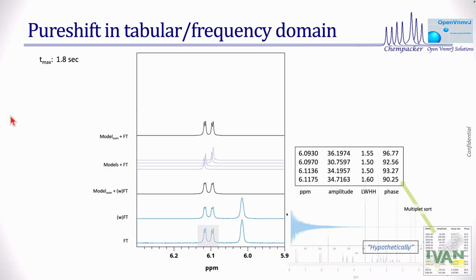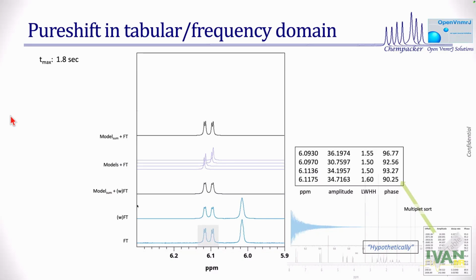I can simply say, show me all the models that are in there individually. Here are all the models individually. Essentially, I can synthesize that vector into a single component FID, Fourier transform, and I get a spectrum of one of these blue lines. Or I can simply say, okay, add them all together and show me the sum.